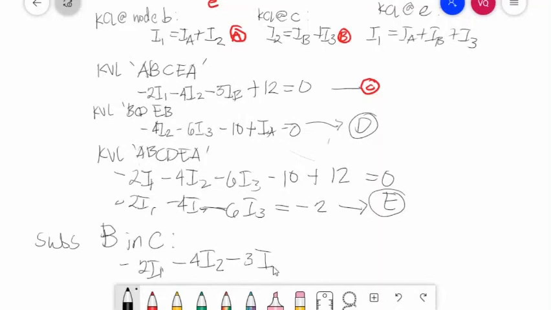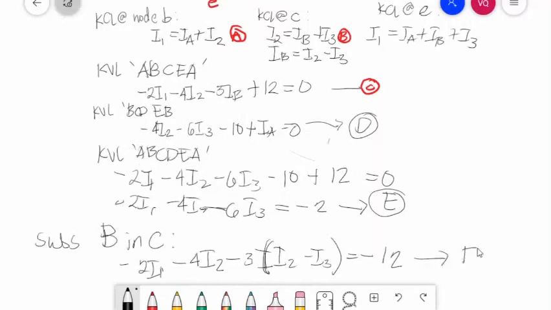IB is equal to I2 minus I3. So I2 minus I3 is equal to negative 12.